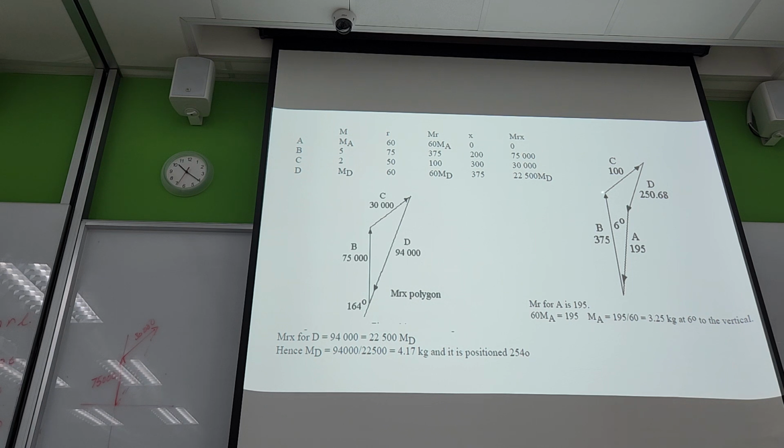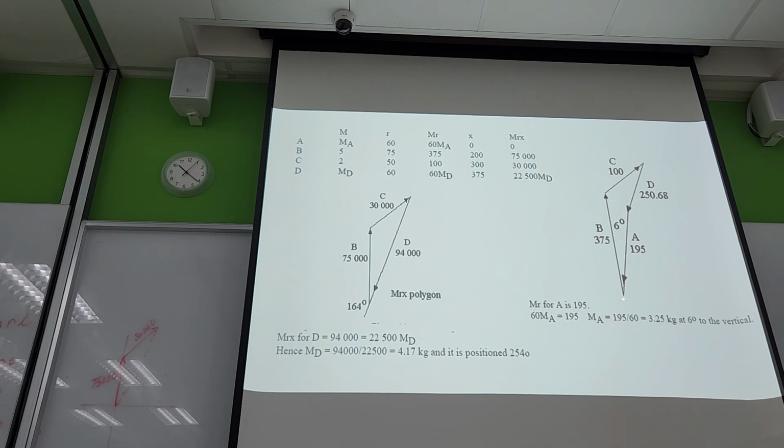So you now plot the three vectors, then combine these two, join this. Here the length of this vector gives you 195. So 195 is equivalent to 60 times MA. So 195 is equal to 60 times MA. From there you know the mass of A is 3.25 kilograms.